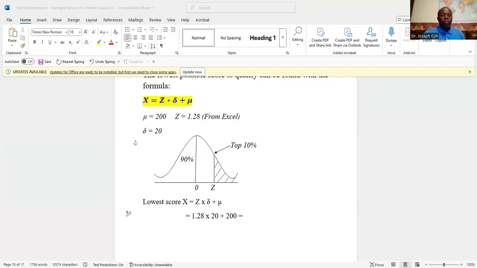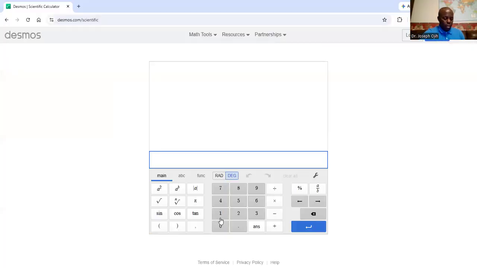We got 1.28 times 20, which is the standard deviation, plus 200, which is the mean. It gives me 225.6, as you can see from the screen.